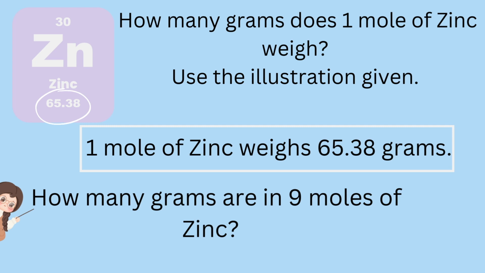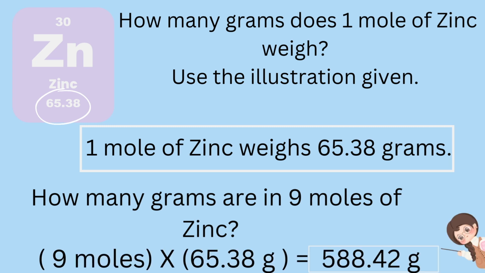And how many grams are in 9 moles of zinc? If we multiply the number of moles given by the mass of each mole, we get 588.42 grams. Awesome.